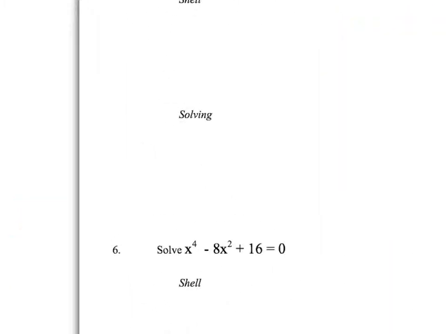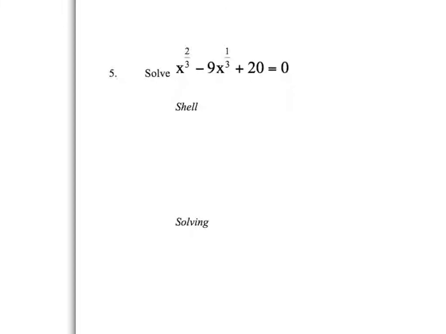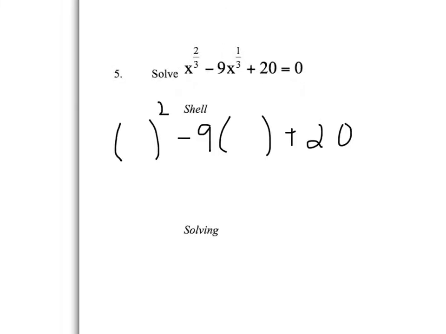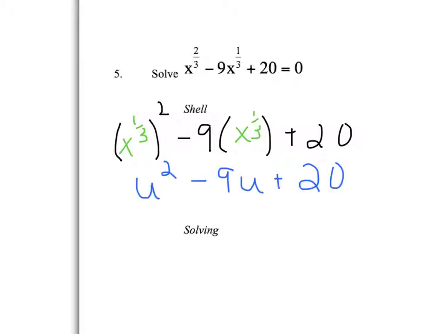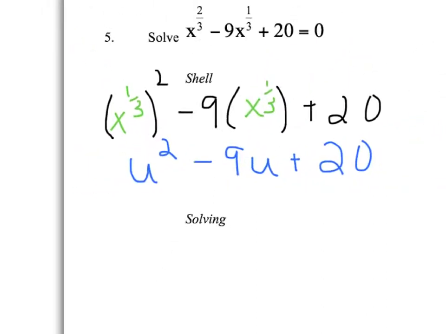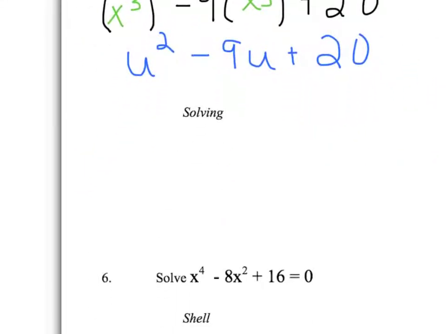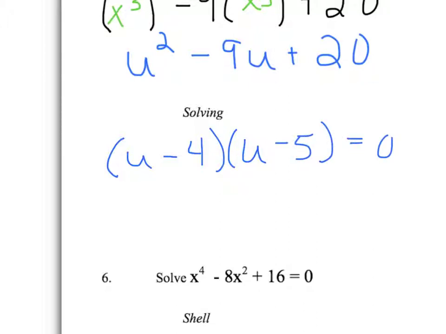All right, let's talk about the shell when we have fractional exponents. You're going to set up your shell to be 1u squared minus 9u plus 20, and figure out what goes inside that shell, and that's x to the 1/3. I'm going to rewrite this so it looks a little prettier and then factor it. When I factor u squared minus 9u plus 20, I get u minus 4 times u minus 5. -4 times -5 is positive 20, and when I add them I get -9.